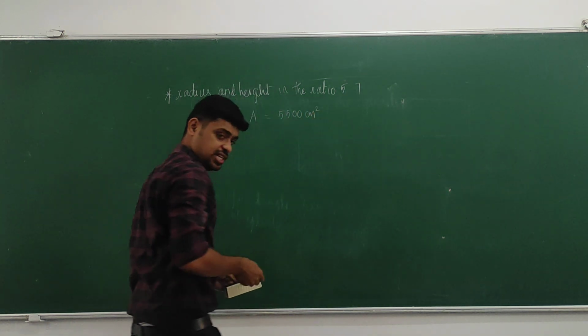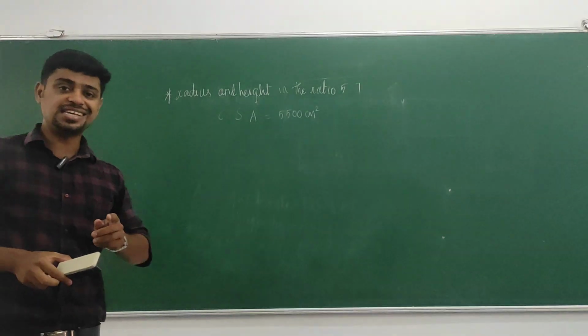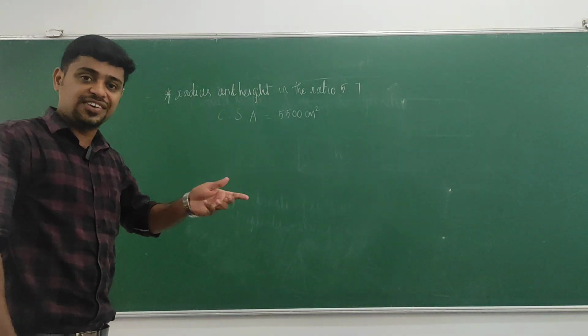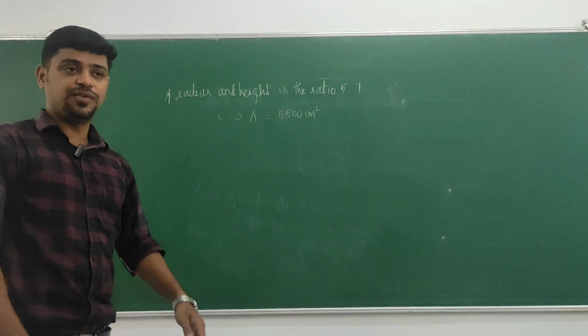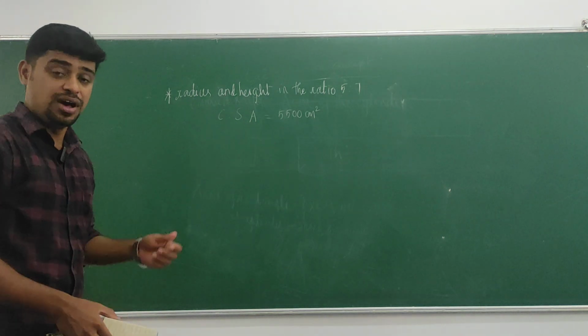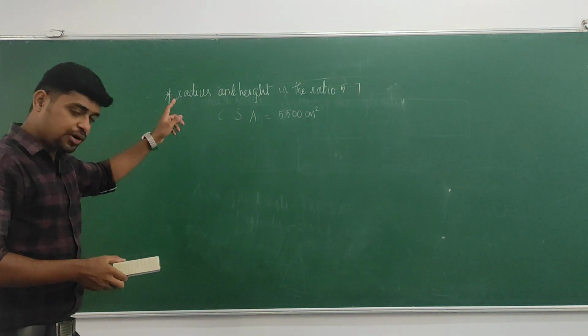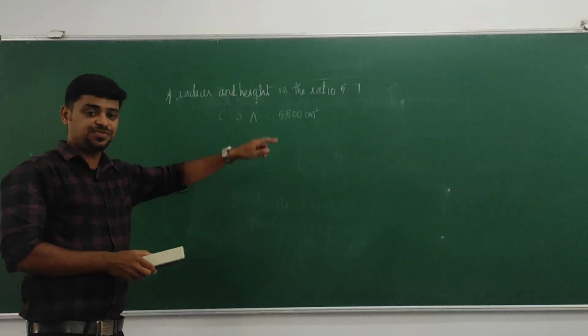We know the ratio of the radius and the height, but we don't know the exact values. Again we have one more hint, that particular cylinder has the curved surface area as 5,500.